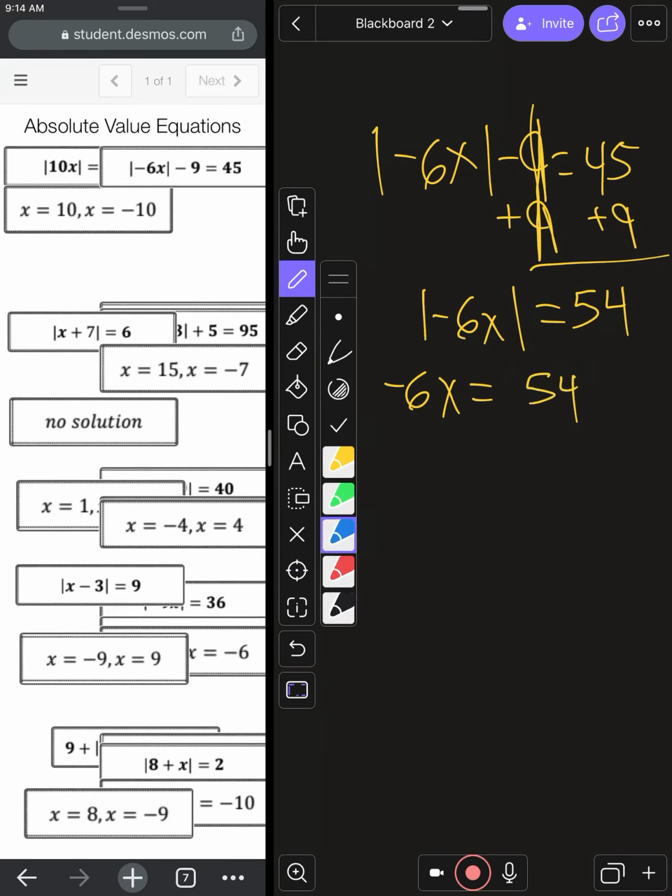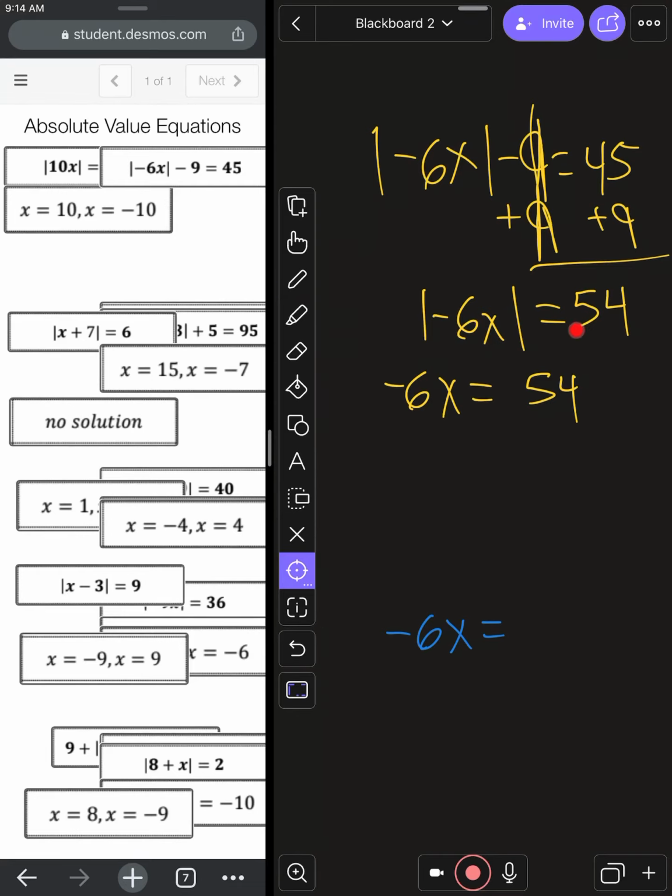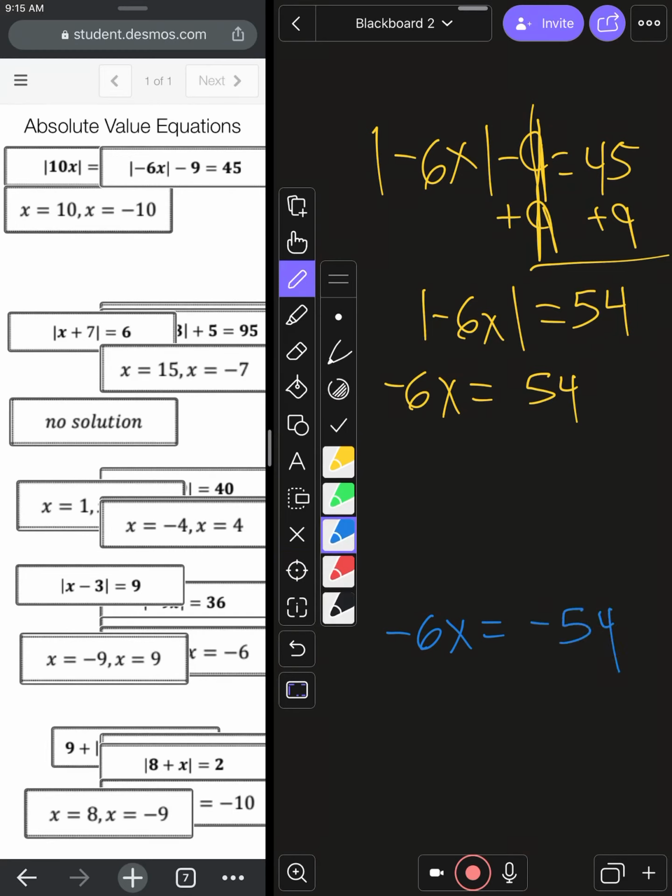And then, remember, you need to set up 2 equations. So again, I drop this. I have negative 6x equals, but no longer does it equal this, it equals the opposite of this. So it equals negative 54. Those are my 2 equations, this and this. Once I solve these 2 equations, I will have my 2 answers.